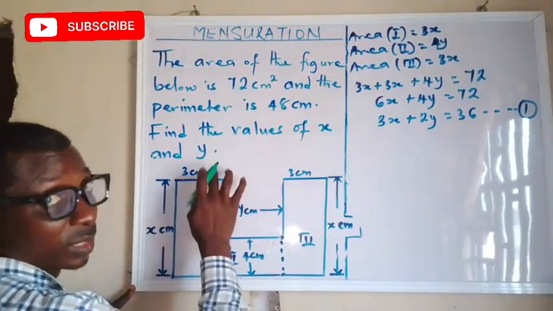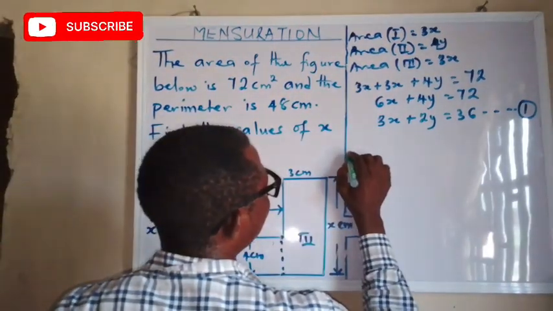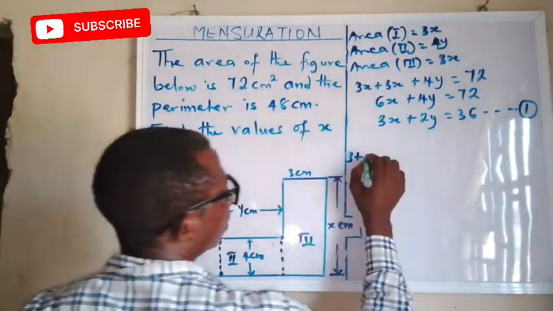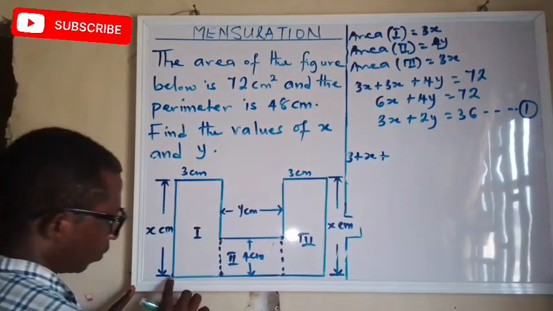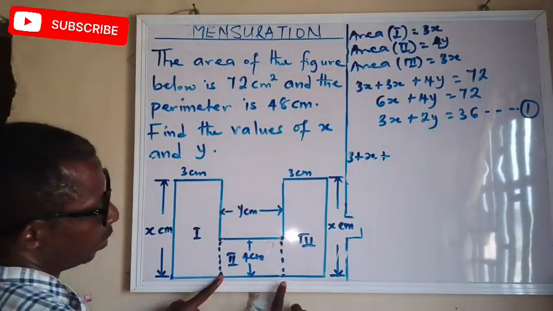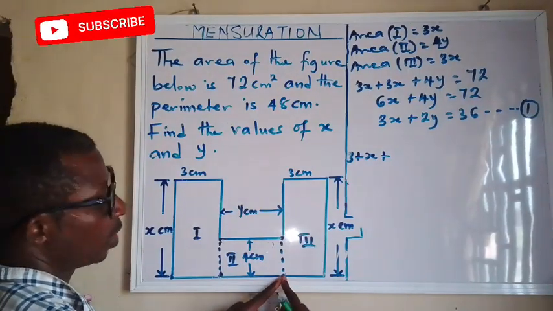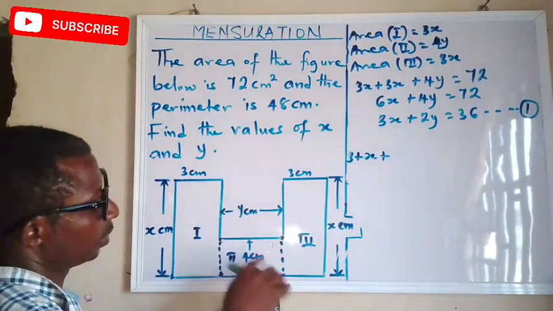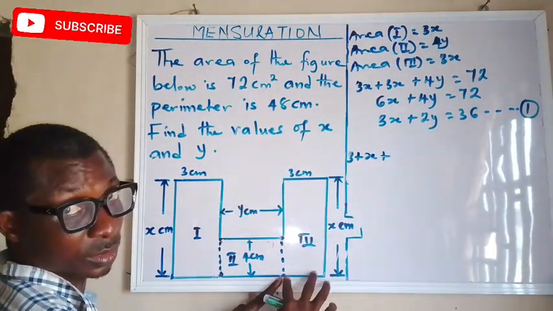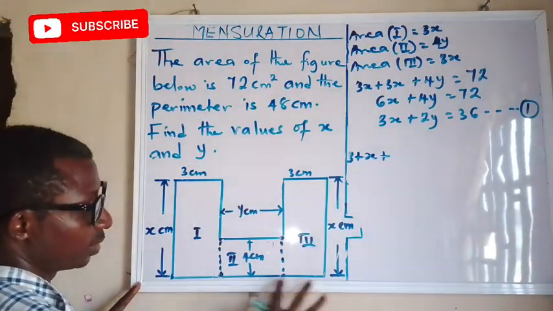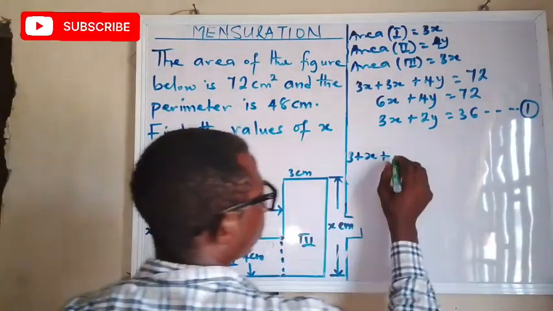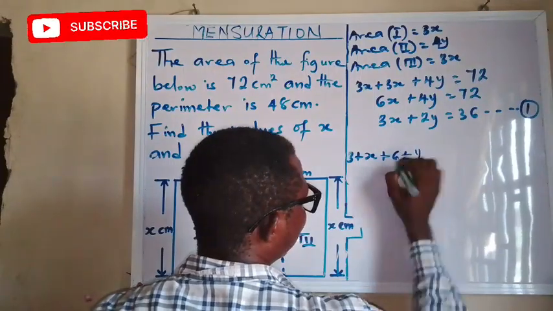We have 3 plus the length here is x plus from here to here. Now see, from here to here is 3. And also from here to here is y. And from here to here is y. And from here to here is also 3. So that means we have 2 3's there. So that's 6. 6 plus y.